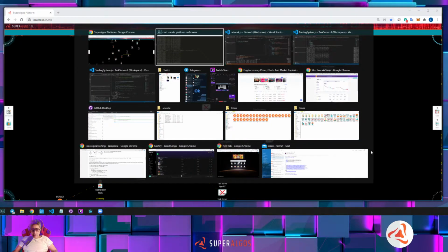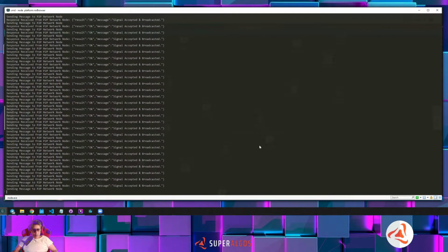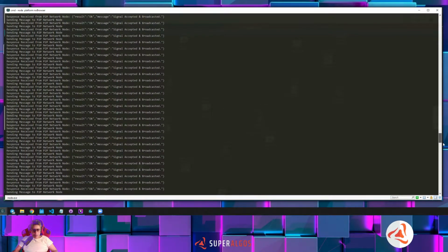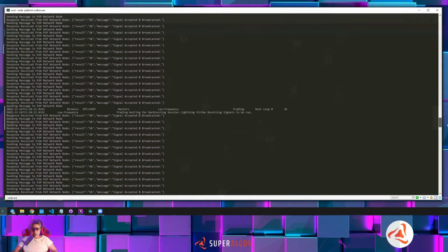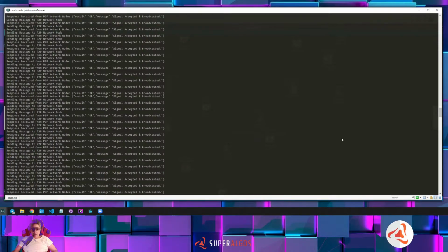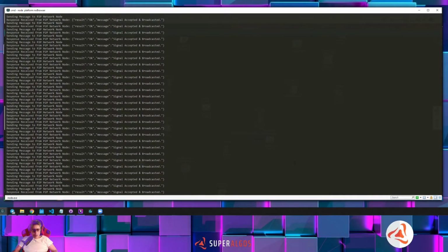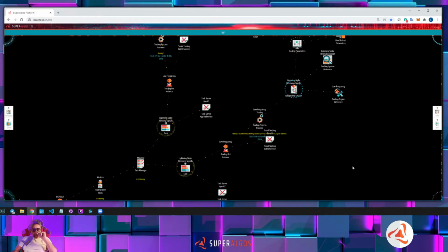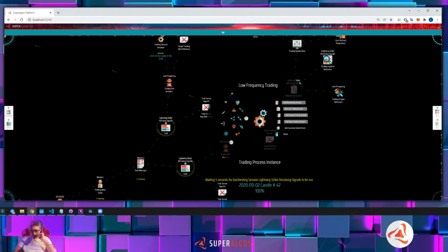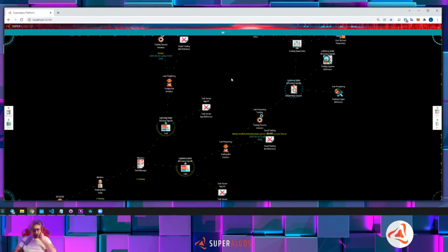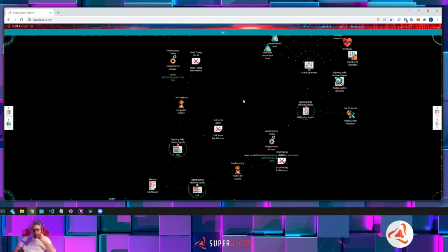So let's check the console. What is this message? So this one got stuck and the other one is running, but very, very slowly.